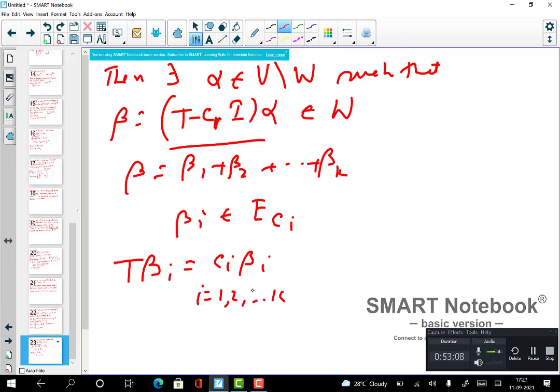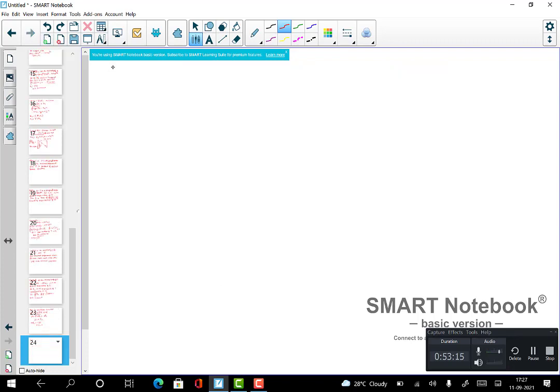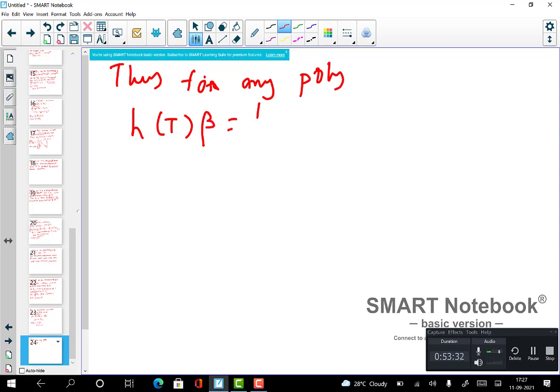So if this is the case, then for any polynomial h, when you substitute T in h and apply it to beta, this will be the sum of h(c1) beta1 up to h(ck) betak.